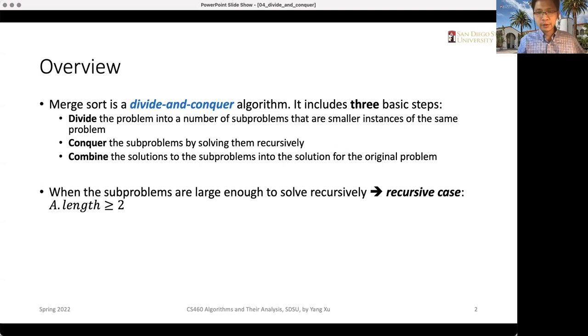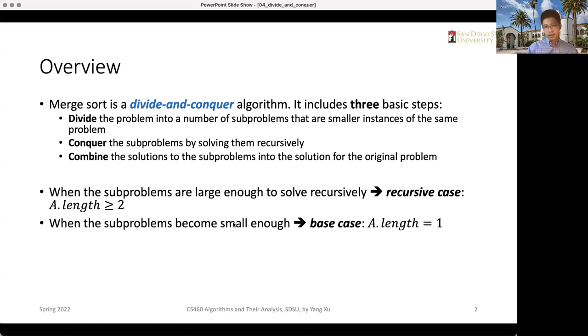So when we have recursion, we need to consider the conditions of the recursive operations. When the sub-problems are larger than the base case, or the boundary case, we need to use a recursive style to solve it. In merge sort, when we have an input sequence that has more than 2 numbers, then we call merge sort recursively.